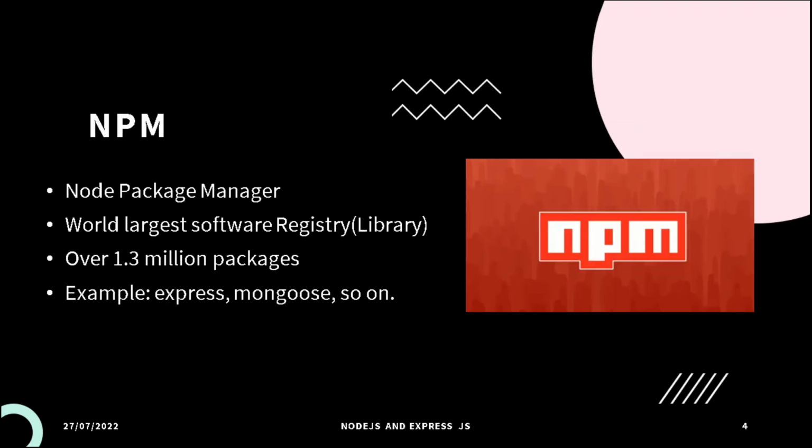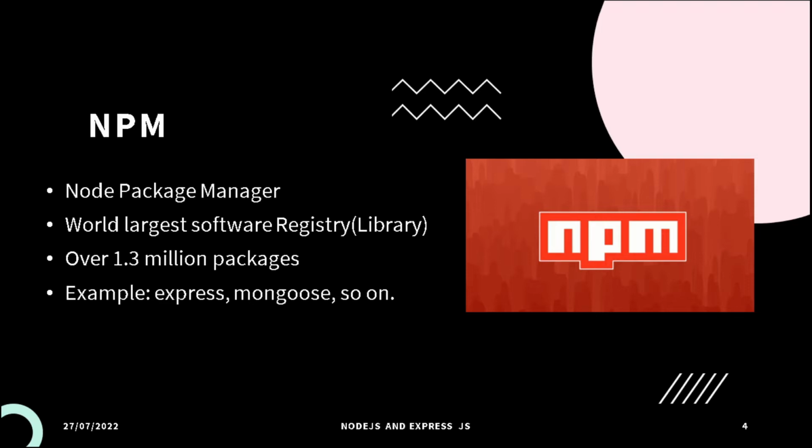And npm is the Node package manager, which is the world's largest software registry or library. It has over 1.3 million packages available in the registry. Some of the packages are Express, Mongoose, Bcrypt, and so on.